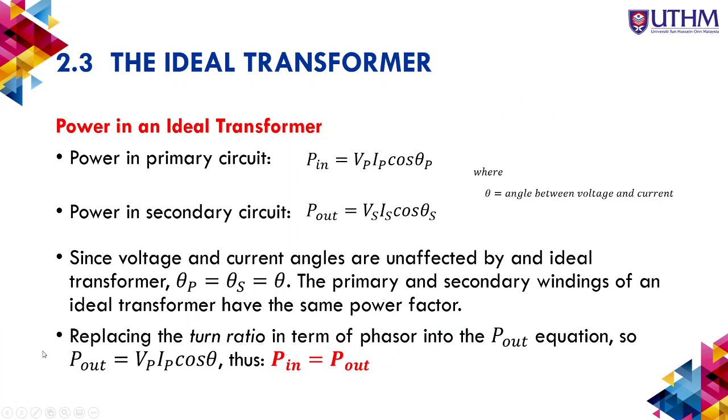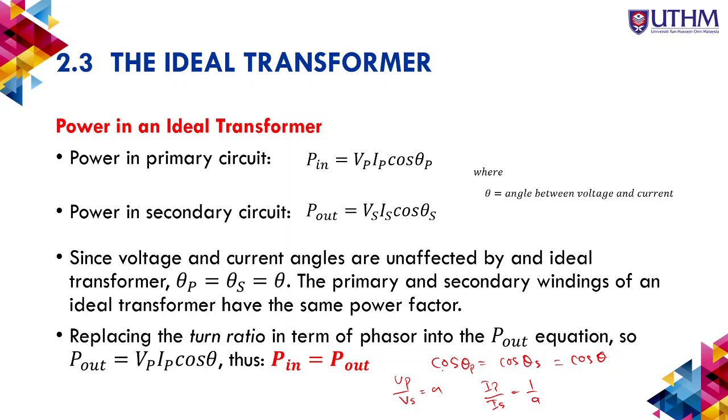Replacing the turn ratio in the phasor equation, when we change the equation we can get V in and V out. We already know cos theta for primary and secondary are the same, so we just write cos theta. Then we have the conversion from earlier: VP over VS equals a, and also IP over IS equals 1 over a.